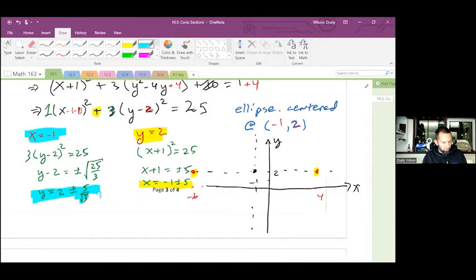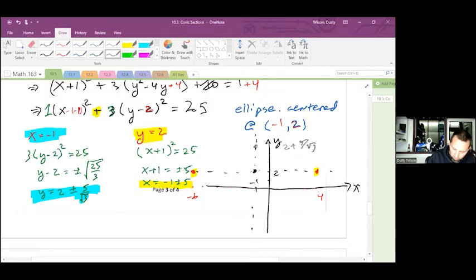5 divided by square root of 3, 2.8 or 2.9. So it's going to be 2 plus or minus 2.9. So we would start at the 2 and we would go up 1, 2, 2.9. So here's 2 plus 5 over root 3.